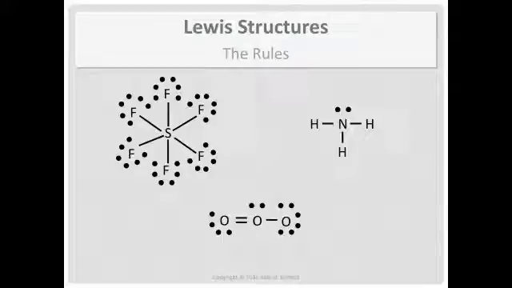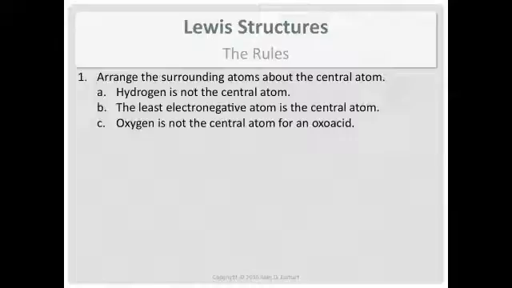And then, once you get that result, you can say things about your compound, like the shape of the molecule. You need to memorize these rules. There's just no way around it.